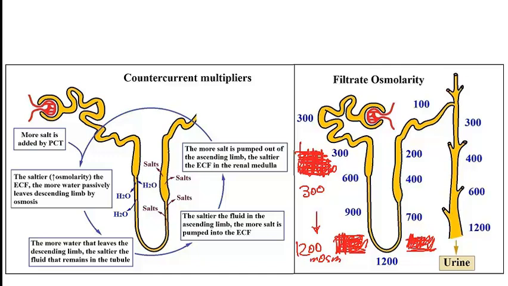And so now the next question is, what's the significance of creating this medullary osmotic gradient? The answer is that the kidney now has the ability to concentrate urine, either let it be dilute or concentrated. And how does that happen? We just discussed that the posterior pituitary gland secretes a hormone called antidiuretic hormone or vasopressin, the job of which is to incorporate aquaporins in the collecting ducts.